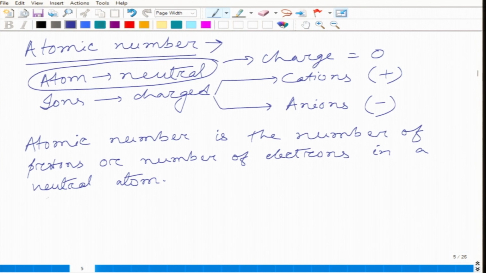But as we know, in a neutral atom, the number of protons is always equal to the number of electrons.